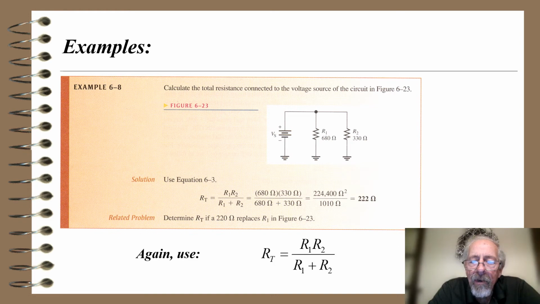It's 1010 divided into 224,400, so that works out to be 222 ohms. The ohms in the denominator cancel out one of the ohms in the numerator. So again, what have we used? R total is R1 times R2 over R1 plus R2.